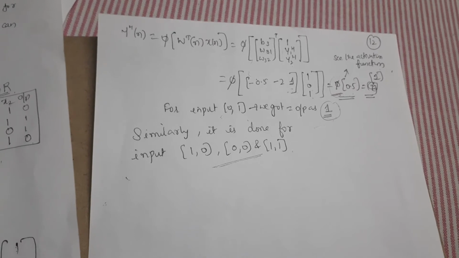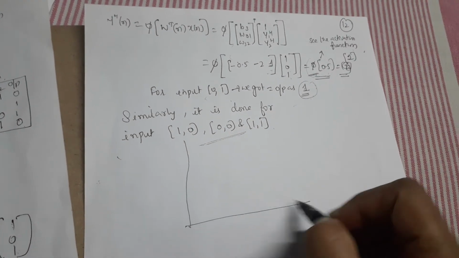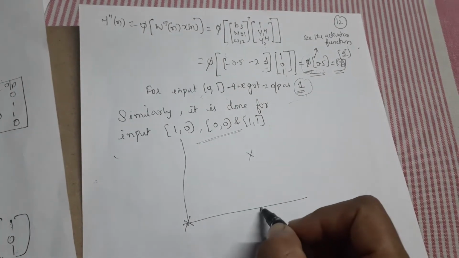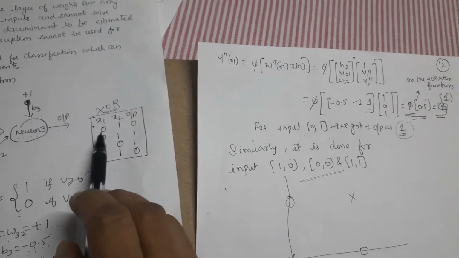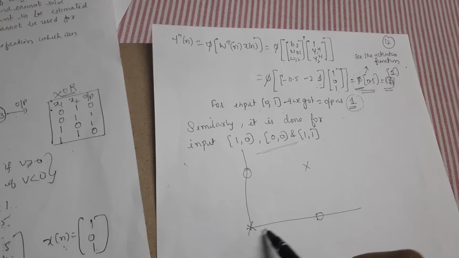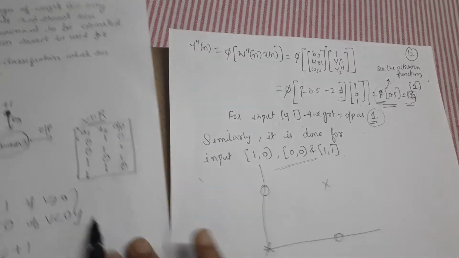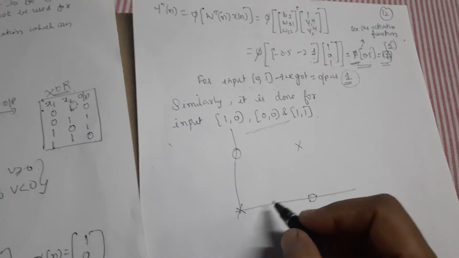Another point I have to highlight is this. For XOR, you can observe that the input 0,0 gives output 0, the input 0,1 gives output 1, the input 1,0 gives output 1, and the input 1,1 gives output 0.